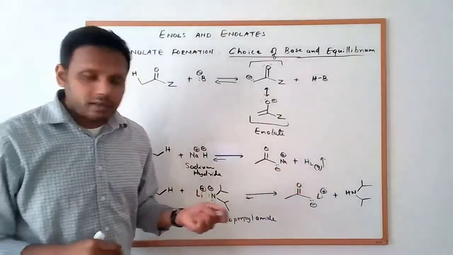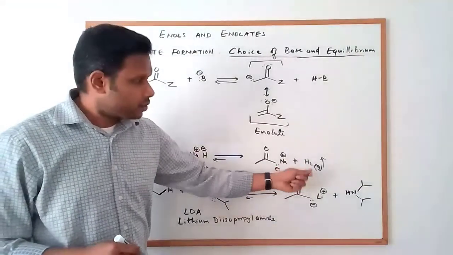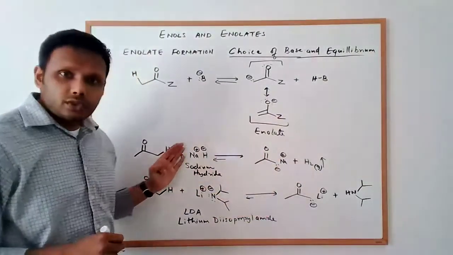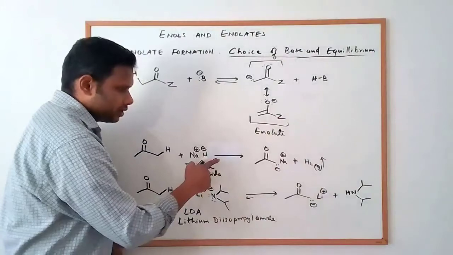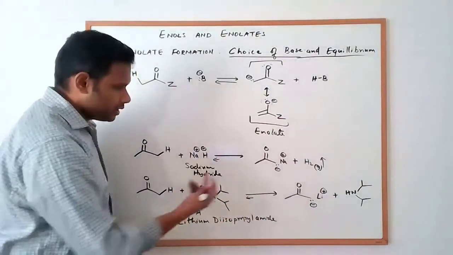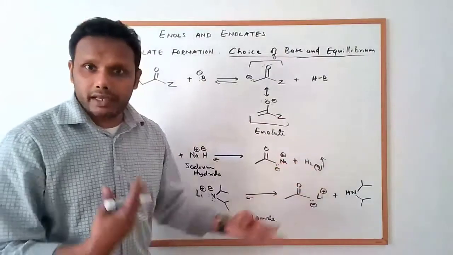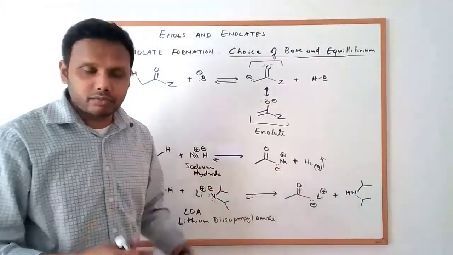One advantage to this process is that hydrogen is a gas, so it's going to escape from the system. That would push the reaction forward to a complete conversion, so you will go completely to the enolate. In fact, there should not be any equilibrium here because your conjugate acid just escaped from the system.